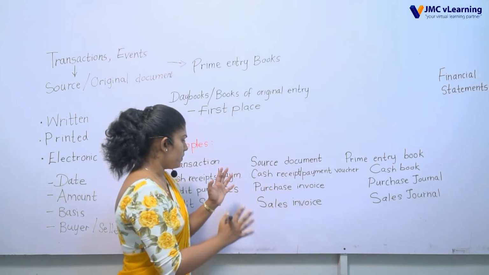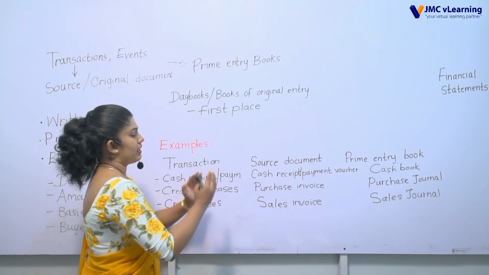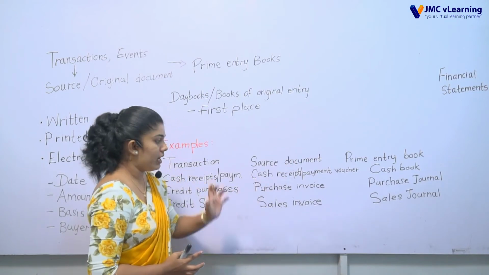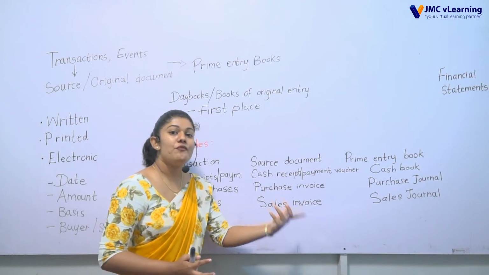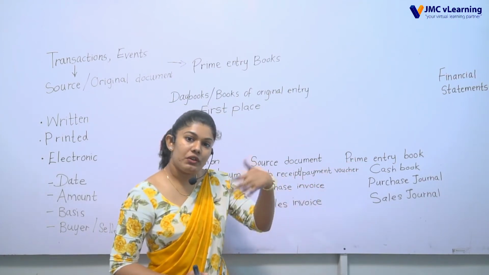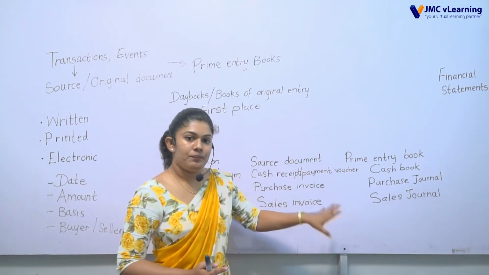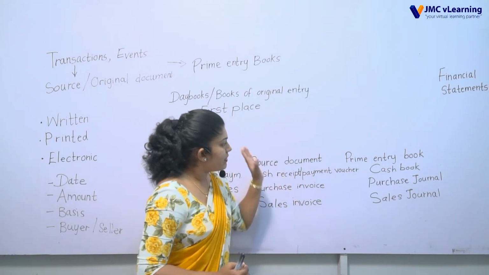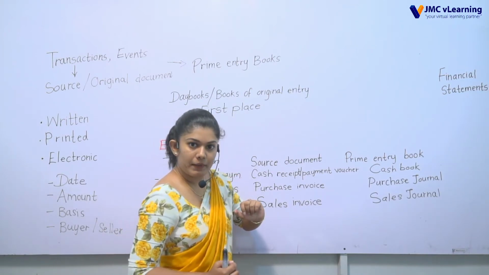So these are three basic examples of transactions and relevant source documents with prime entry books. There are many of these transactions. Basically you have to learn 5 of these transactions and prime entry books. In future lessons we will discuss the rest of these prime entry books. After recording in prime entry books we don't stop here.